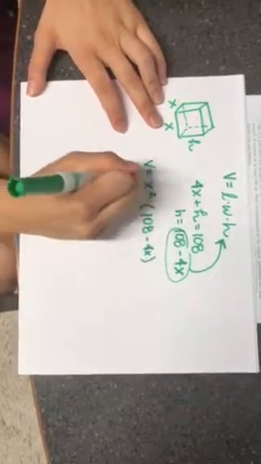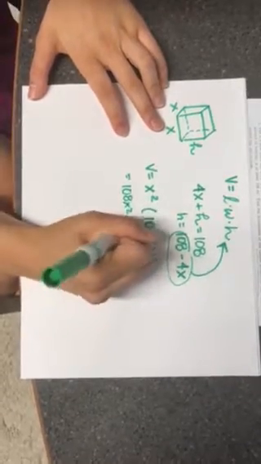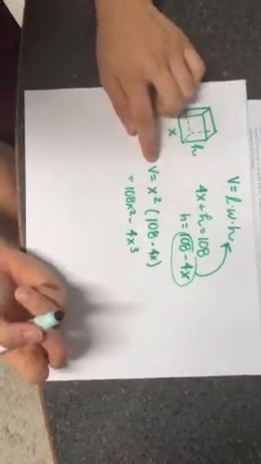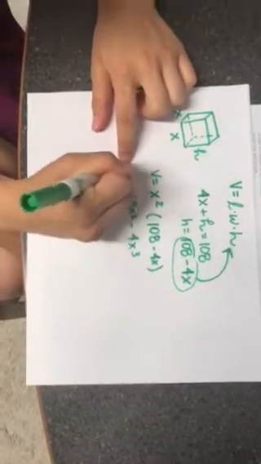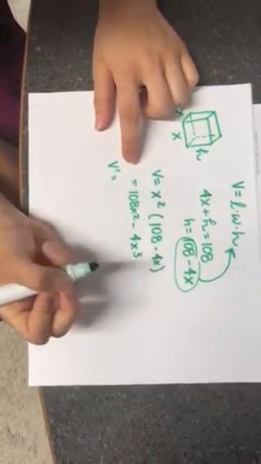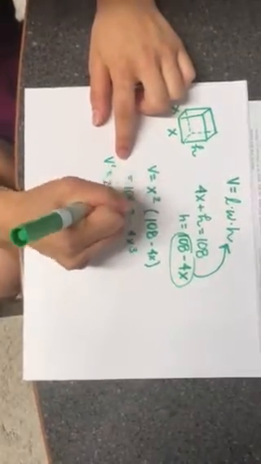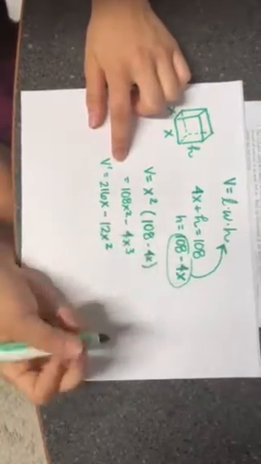So if we distribute x squared, we have 108x squared minus 4x cubed. So we want to optimize this equation, and so we find the derivative of it, so we can find the value of x. And so we have 216x minus 12x squared.